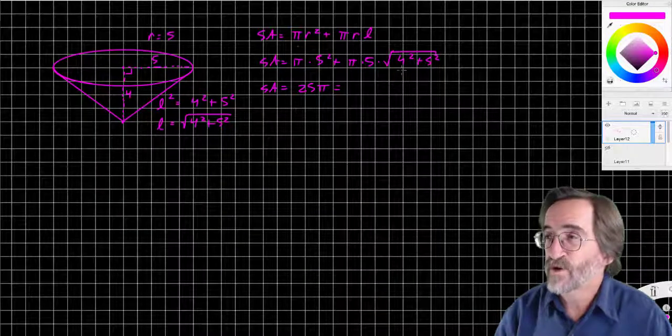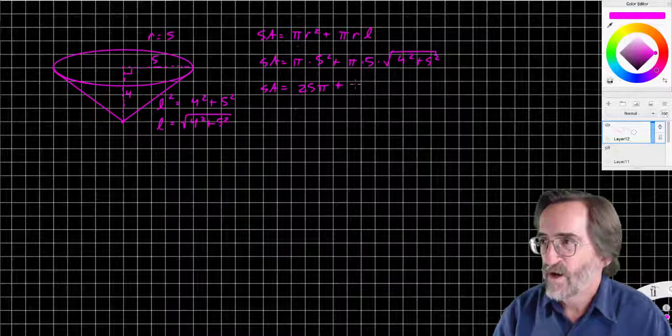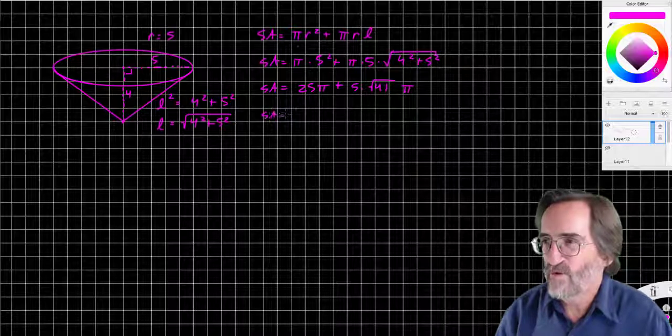So plus pi times 5 times square root 41, or 5 root 41 pi. We can factor out a pi if you want, but it really doesn't help much. We can put it at the end: 25 plus 5 root 41 pi.